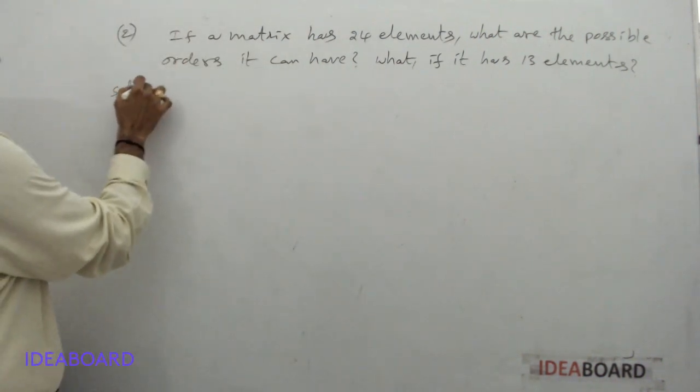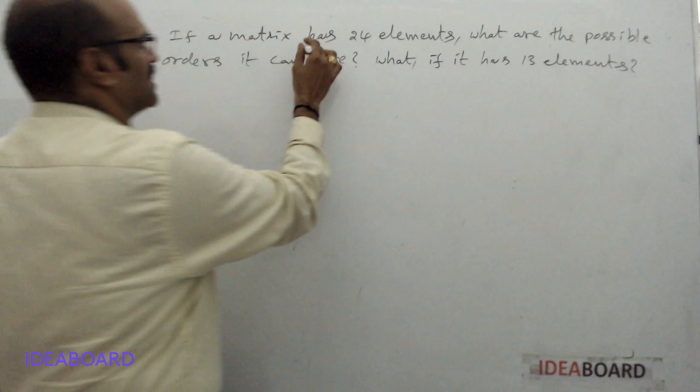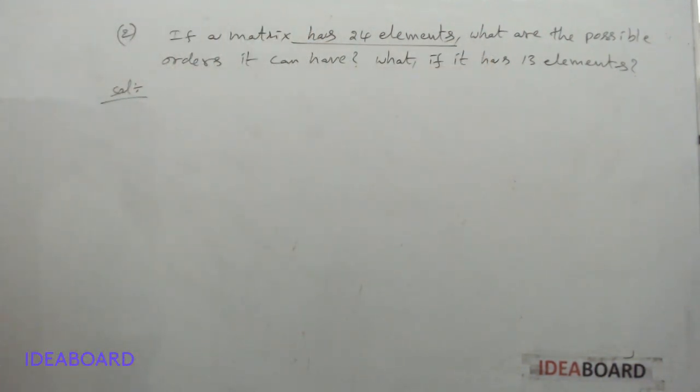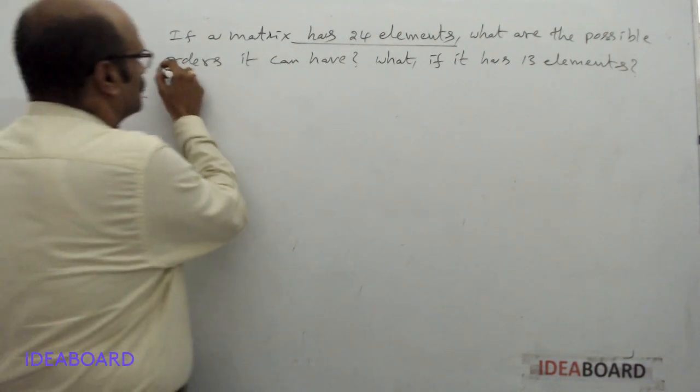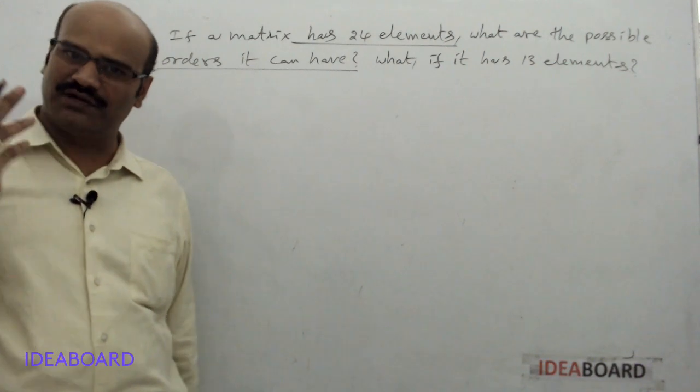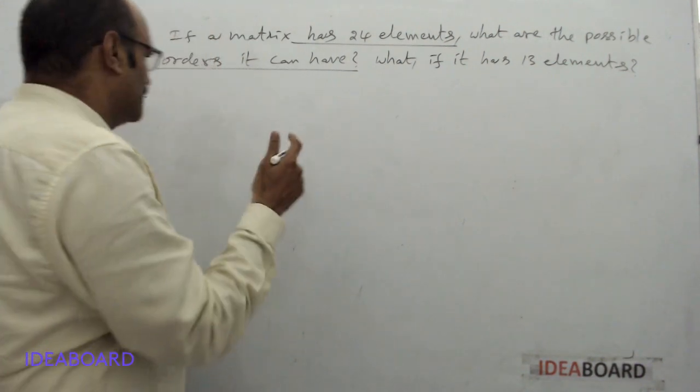Solution. If a matrix is having 24 elements, then what are the possible orders it can have?